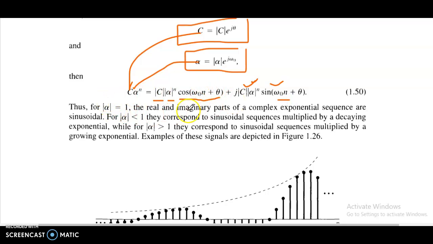For mod alpha equal to 1, the real and imaginary parts of the complex exponential sequence are sinusoidal.